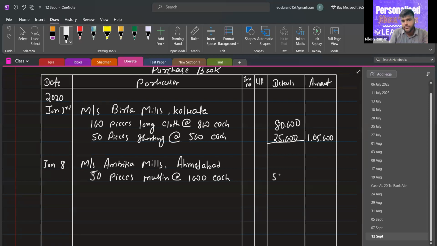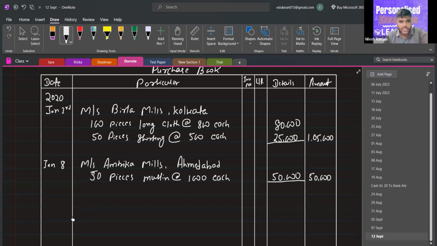So it is 50,000. There is no addition or subtraction here, so we will write the amount in the final amount column. So same amount. Okay.